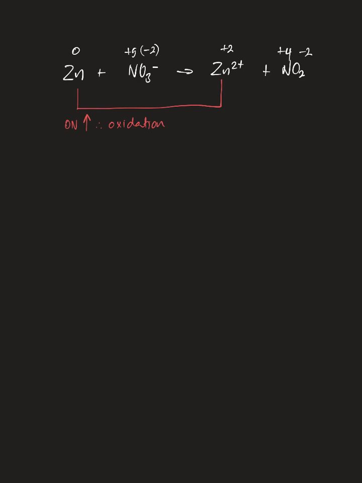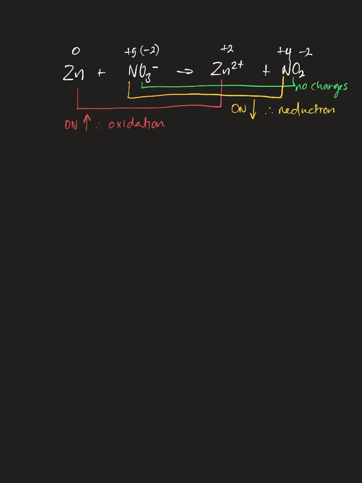If I link up the oxygens, notice it started at minus 2 and ended at minus 2, which means there was no change. And the last one is the nitrogen. I link it to the other nitrogen, and I'll notice that the oxidation number went from 5 to 4, which means my oxidation number went downwards. Therefore, I've got reduction.